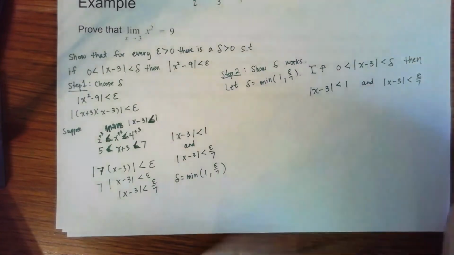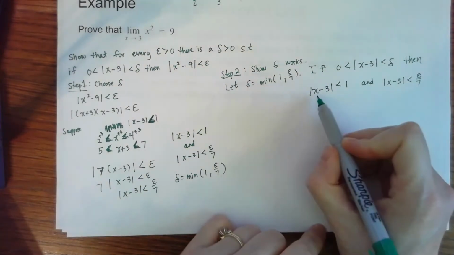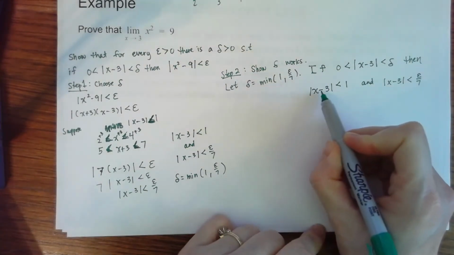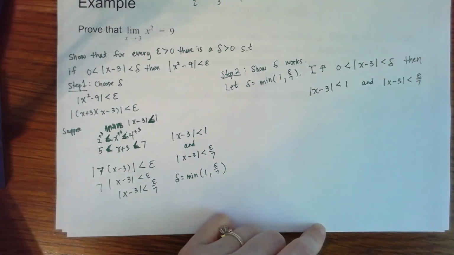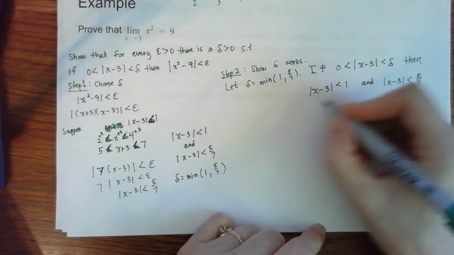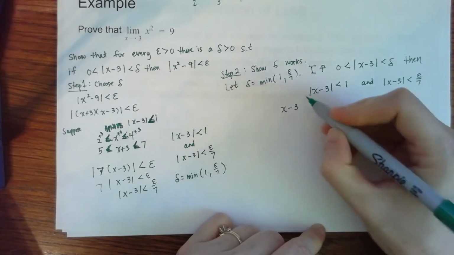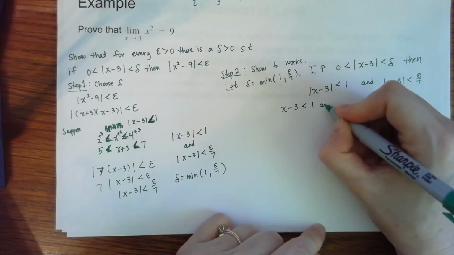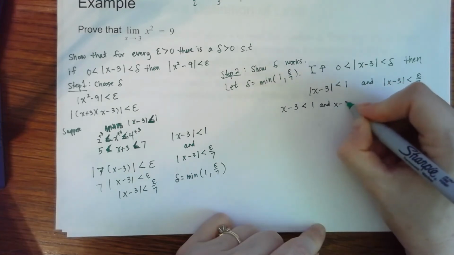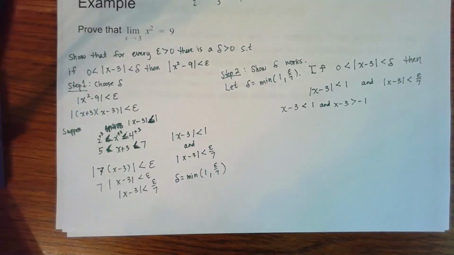So let's follow both of those paths. If we have that the absolute value of x minus 3 is less than 1, then this gives us two things. We have x minus 3 is less than 1, and x minus 3 is greater than negative 1. That's how you solve an absolute value inequality, right?